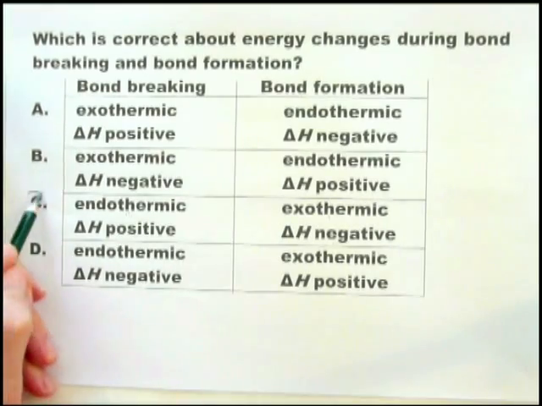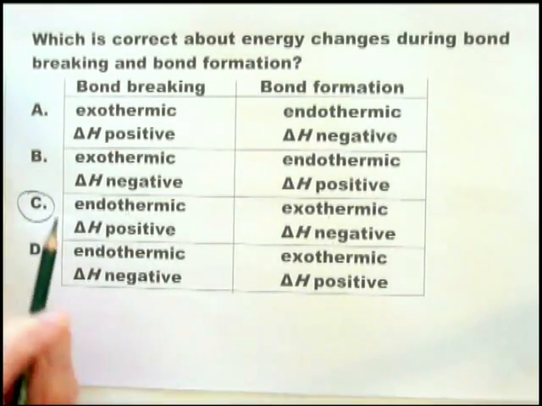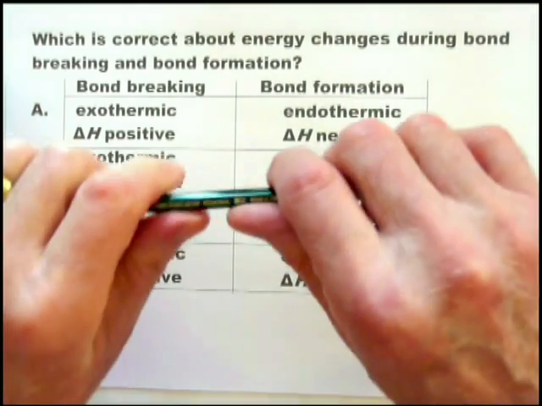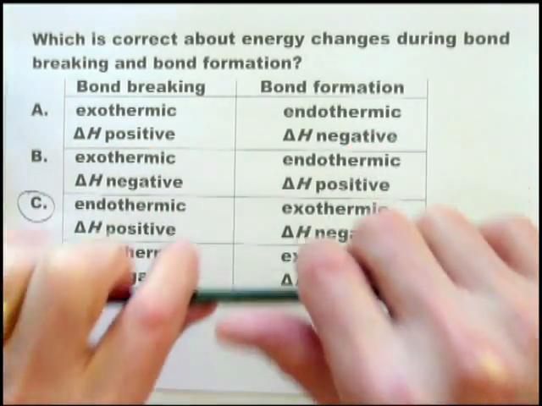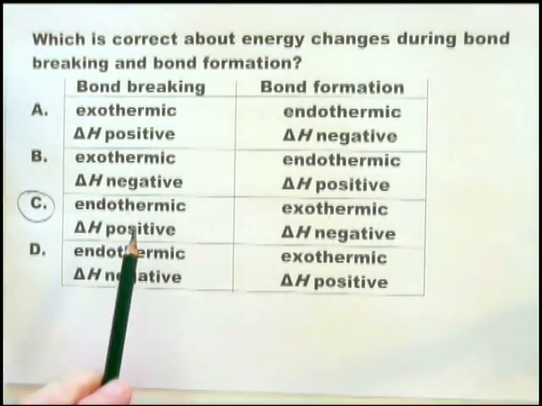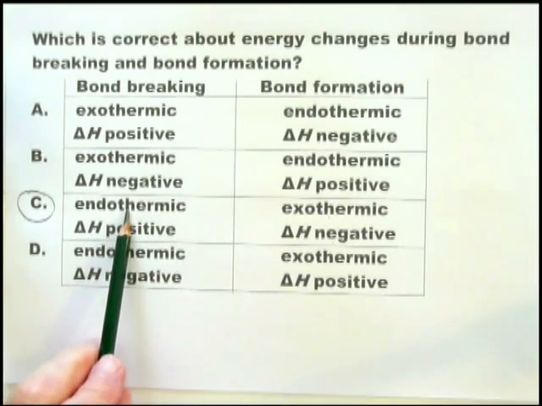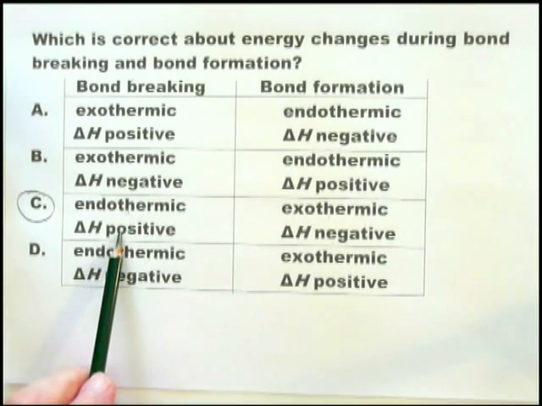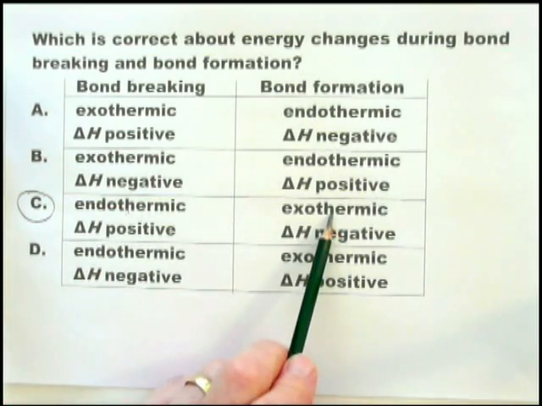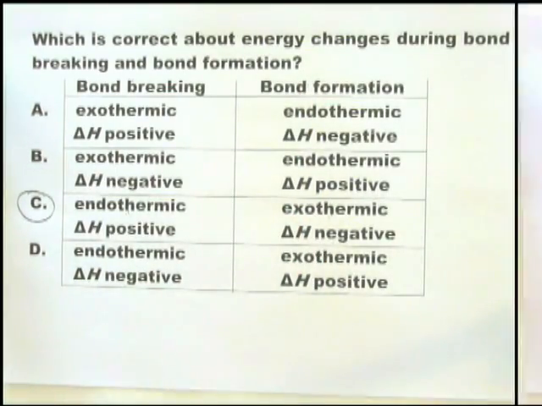So immediately I would say C. Basically, I started with the pencil. I'm breaking a pencil. I need to put the energy in. And therefore, I look for endothermic in bond breaking and delta H positive, therefore exothermic is bond formation, and it's delta H negative.